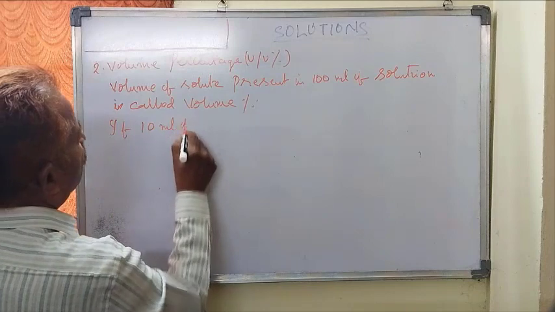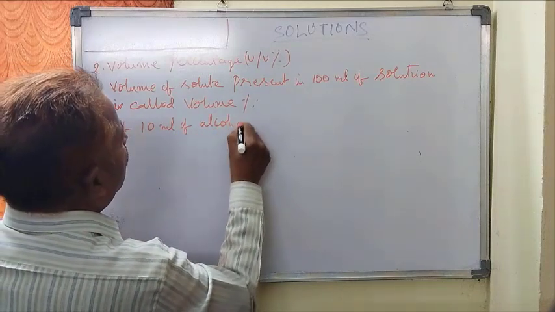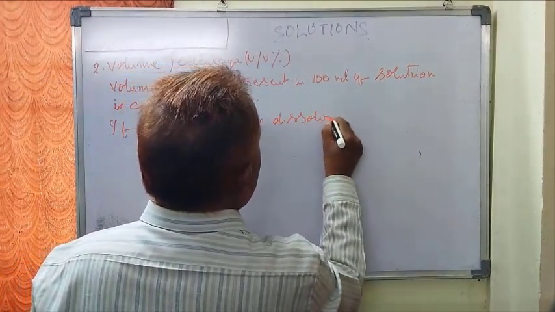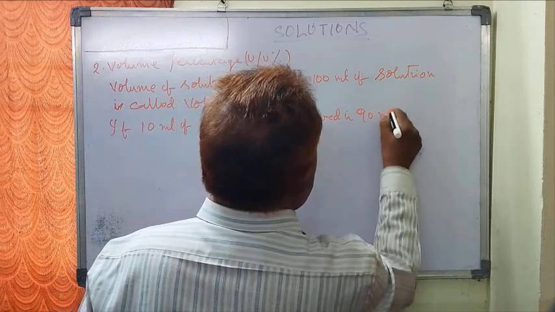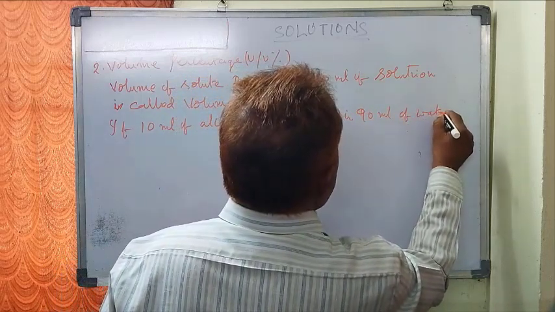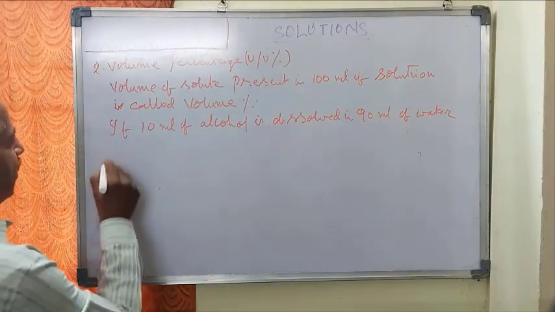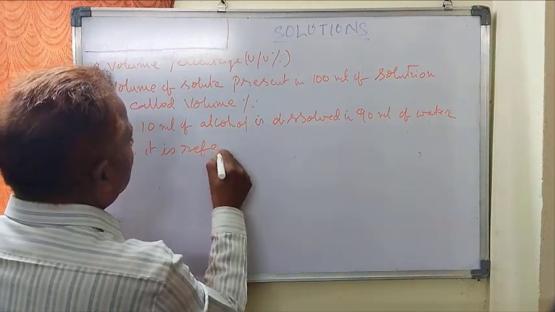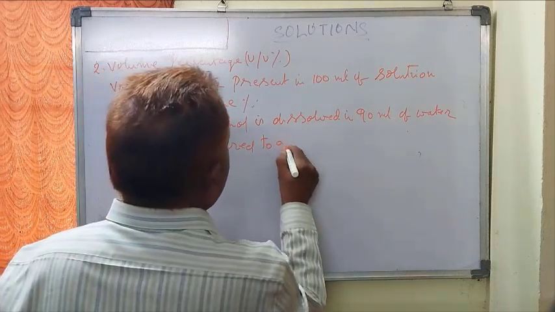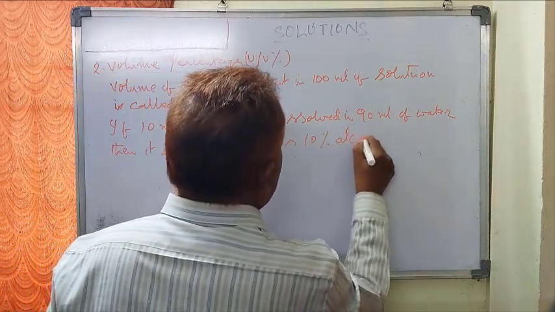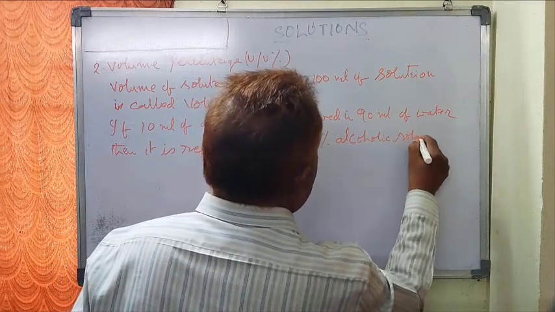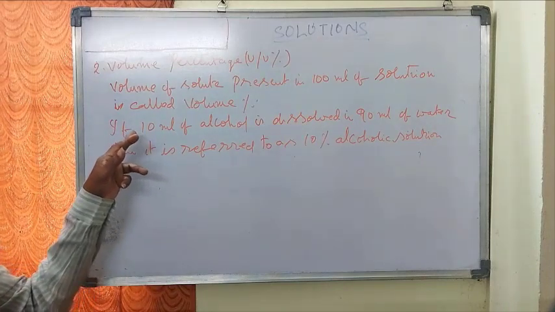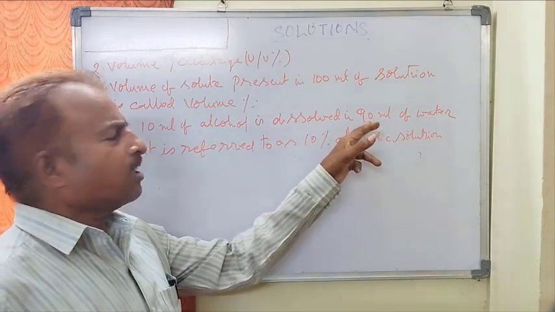If 10 milliliters of alcohol is dissolved in 90 ml of water, then it is referred to as a 10% alcoholic solution. The volume of the solute, that is alcohol, is 10 ml, and the volume of the water, that is the solvent, is 90 ml.